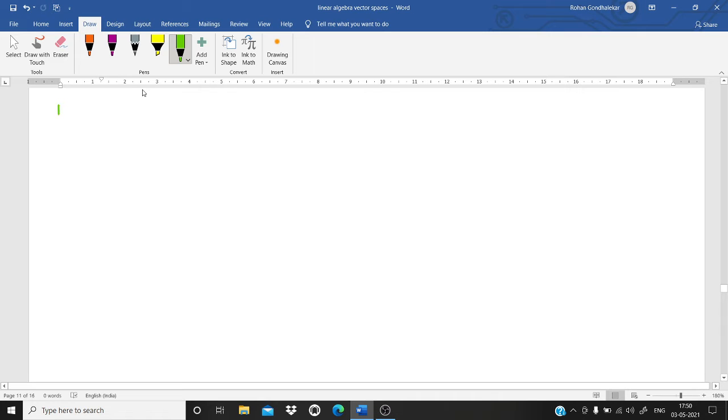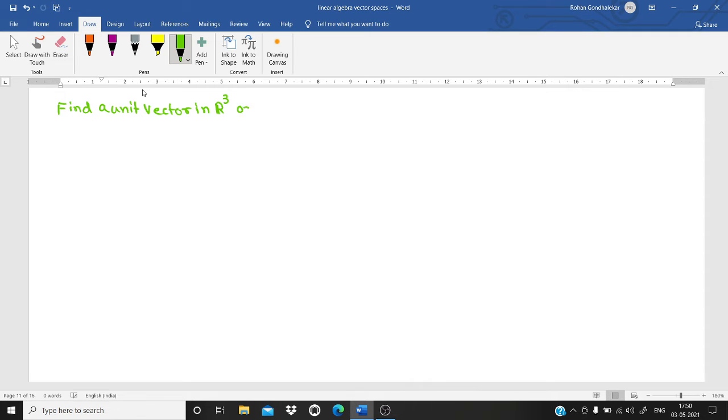Find a unit vector in R3 orthogonal to both, u is equal to 1, 0, 1 and v is equal to 0, 1, 1. Fine. So such a vector we need to calculate.